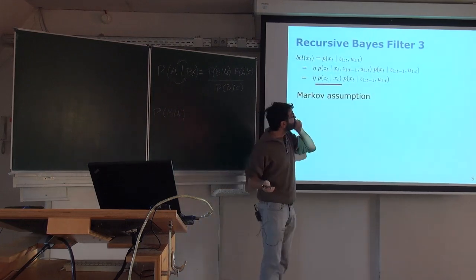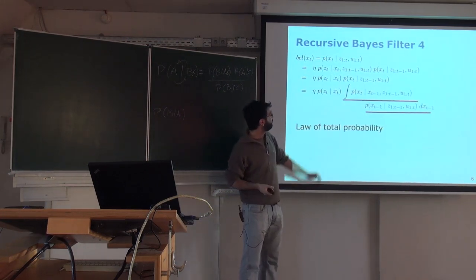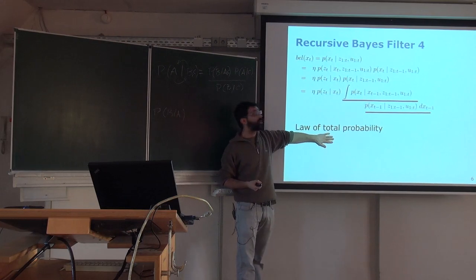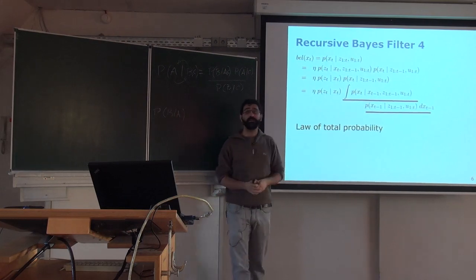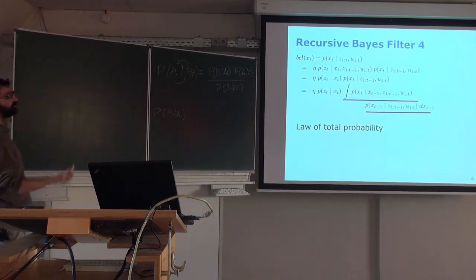We go then further, and we use another thing which is called the law of total probability. It works in the discrete case, and the continuous case is the same.